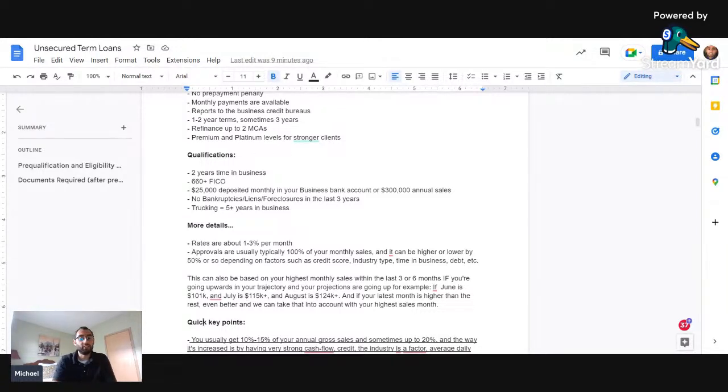And that could be a little bit different with this type of a lender as opposed to another monthly lender who says they're looking at all factors like your personal tax returns, your business tax returns, year-to-date financials, profit and loss, and they'll make an assessment on how you get approved for based off of all of those values. And then other lenders will say, hey, we'll just look at your 6 months of bank statements and we'll see what the average monthly sales are, what's your highest monthly sales, and make a prediction based off that.